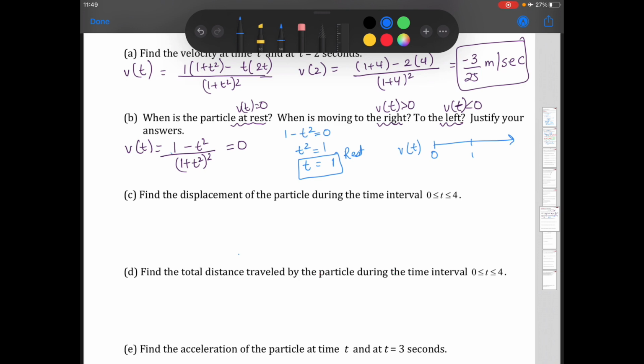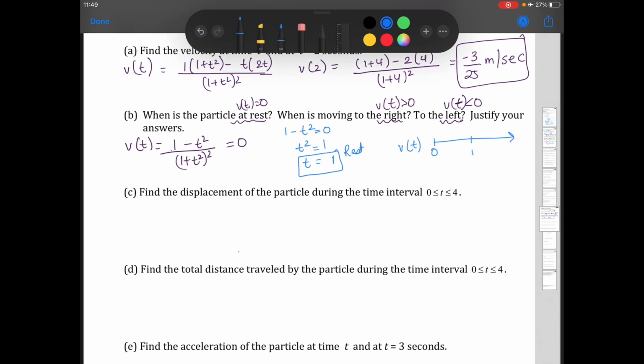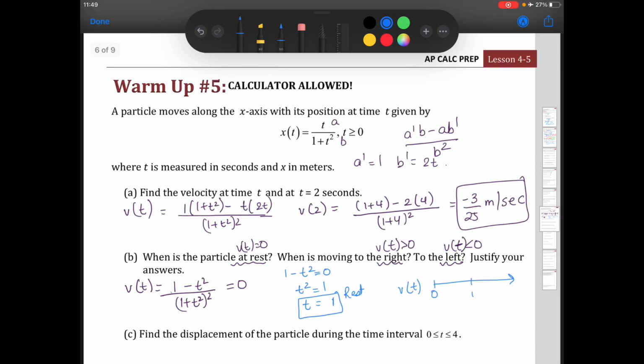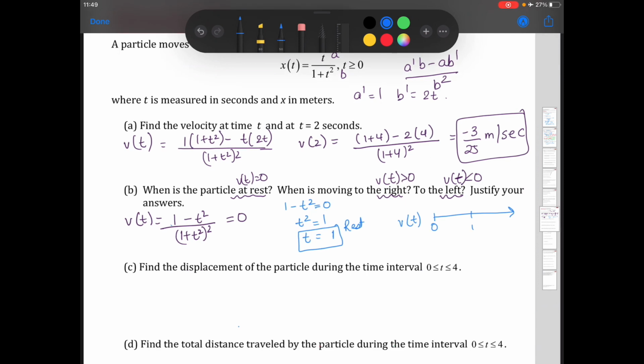If it's a negative number, it's moving left. So let's say I picked a half from this interval, and if I substitute into the velocity equation, I get a positive number. You can use the calculator and find it.